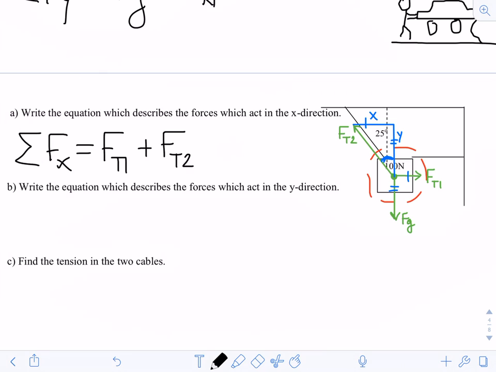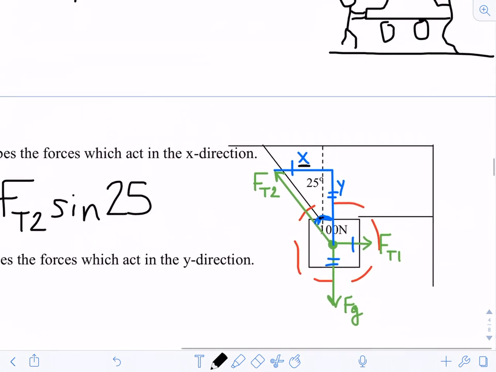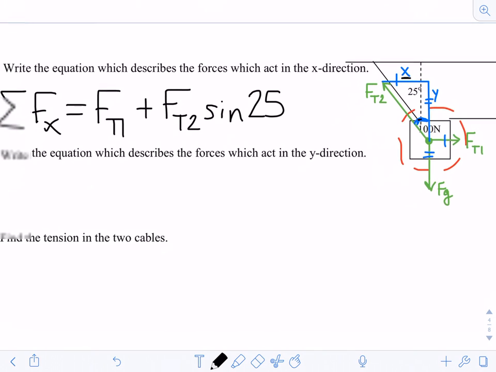It's the x component of this. I can find the x component of FT2 by doing FT2 times the sine of 25, because this angle right here is the 25, and if I want to find my x component, I am opposite that angle, which is why I need to use sine in order to find my x component.